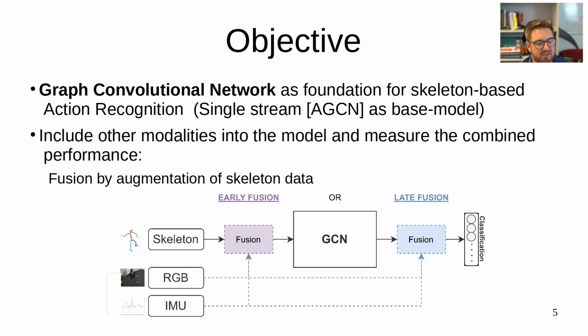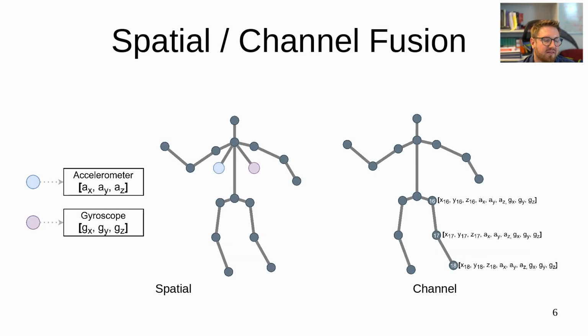We fuse our additional modalities on a representation level in contrast to late fusion schemes that usually fuse on a feature level, and late fusion comes at the cost of having one model per modality, which increases the complexity by a huge margin, in contrast to an early fusion approach, which introduces a lower amount of additional parameters to one single model.